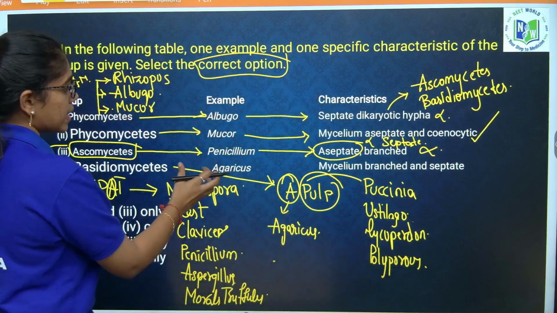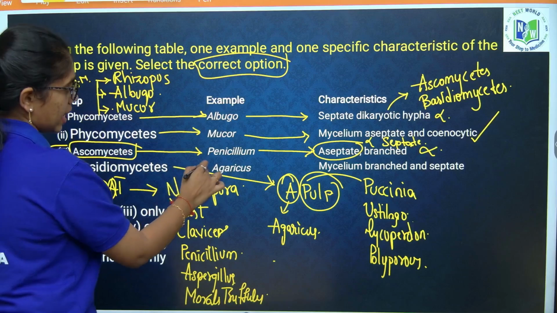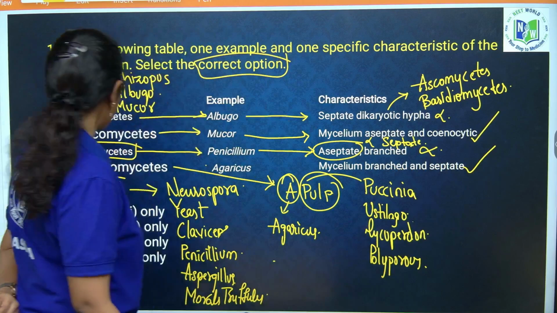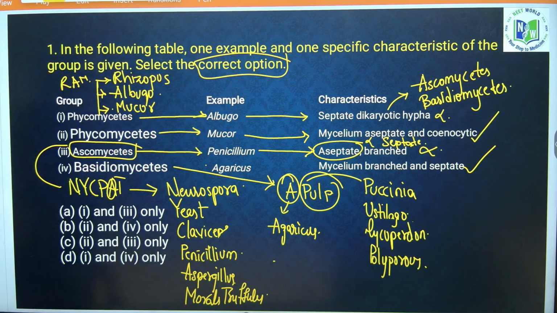So you look into the example: Agaricus, yes, this is correct. Mycelium is branched and septate. True. The mycelium of Basidiomycetes is branched and septate.